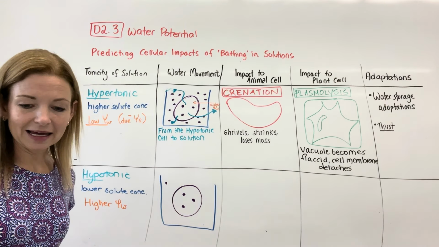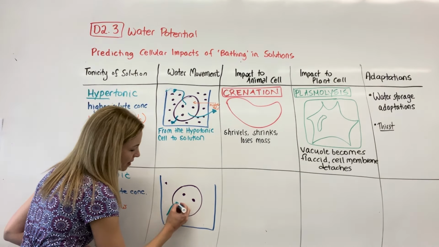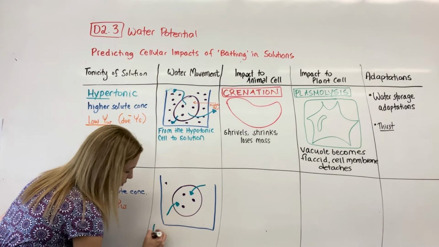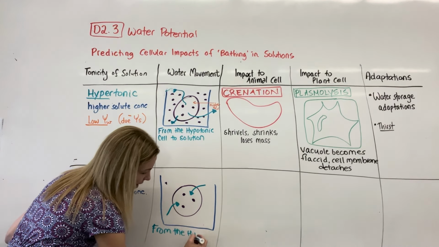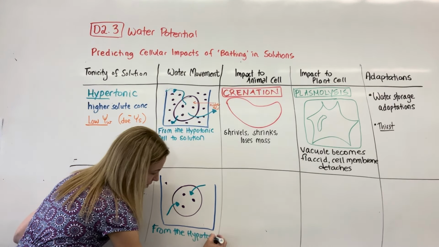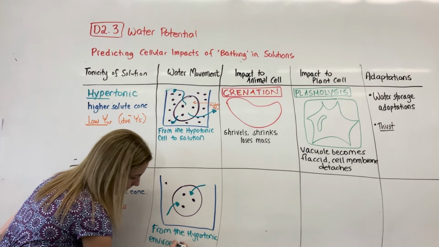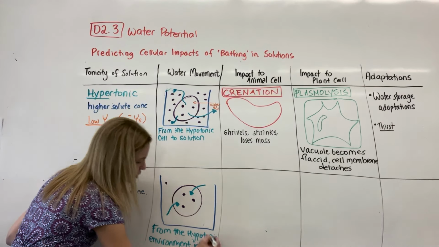So in this case, the environment is now hypotonic. So it is going to cause water to go into the cell, from the hypotonic environment into the cell. So the water is going into the cell.